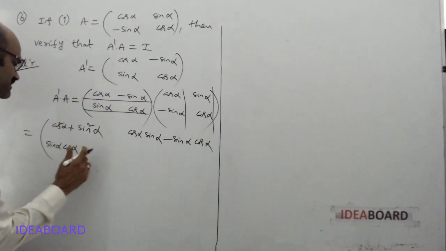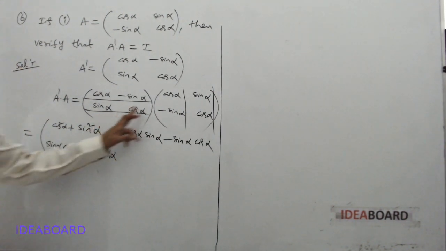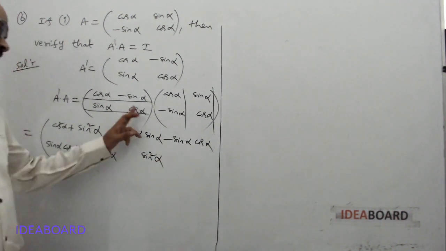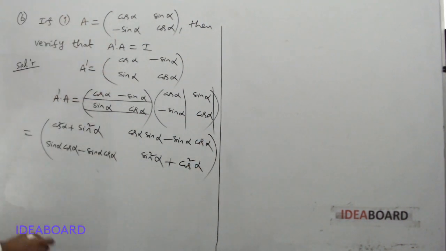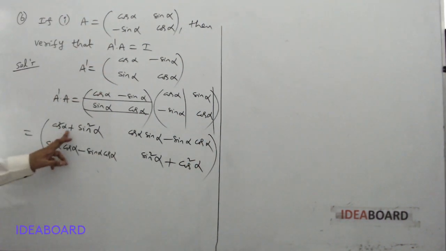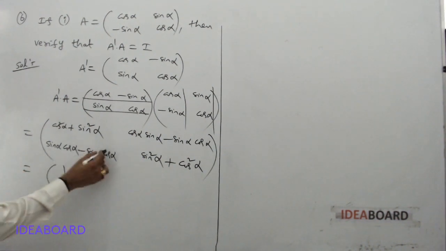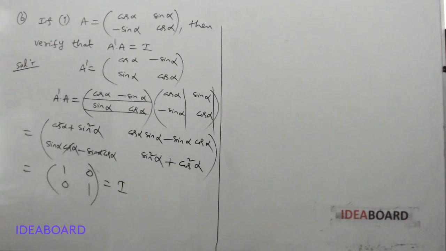So it becomes minus sin alpha into cos alpha, sin alpha into sin alpha, sin square alpha, plus cos square alpha. We know that cos square alpha plus sin square alpha equal to 1, so we get 1, 0, 0, 1, which is equal to identity matrix.